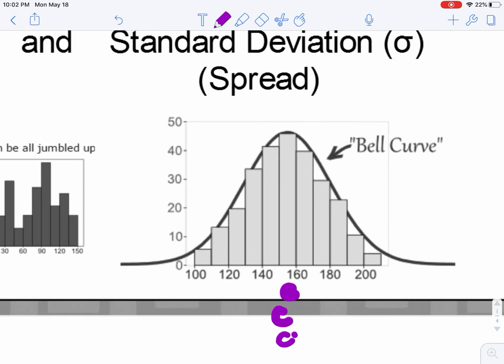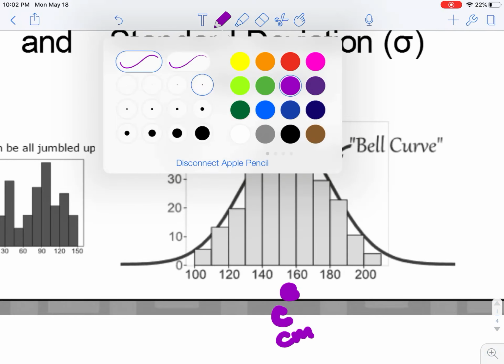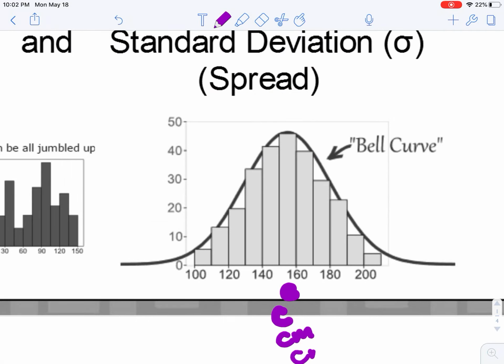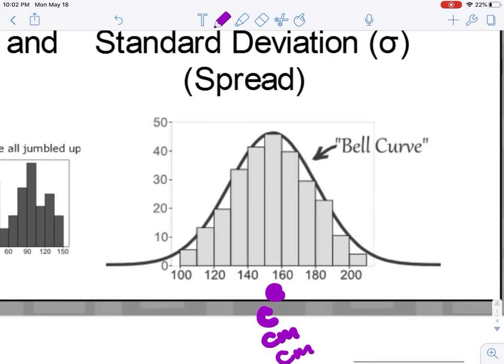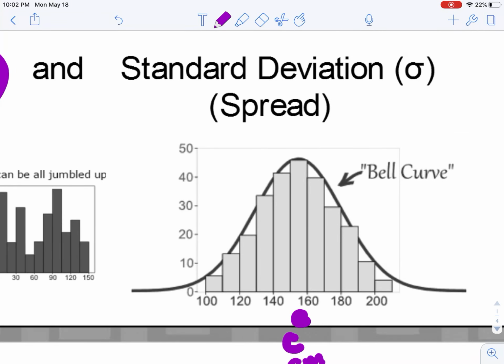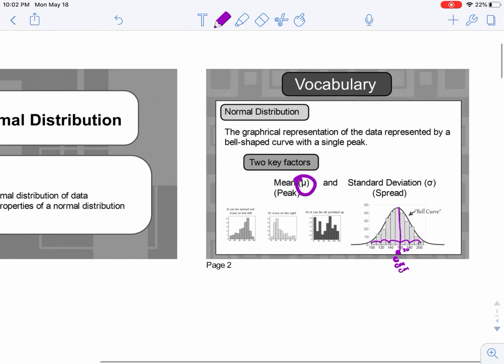And then the standard deviation means each one of these jumps would be 20. So each standard deviation is 20. So 160 is right in the middle, 160 goes to 180, goes to 200. And then the other way, 160 becomes 140, becomes 120, becomes 100. So that's the idea.